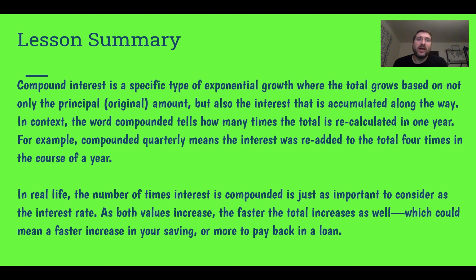As you increase both values, so both the number of times you compound it and your interest rate, your total is going to increase faster, which is great if it's a bank account and you're saving money and it's increasing, or that could be bad if it was a credit card or you're paying back a loan and that interest just keeps going up faster and faster, making more that you have to pay back. So knowing about this is very helpful in considering some of your future financial situations.